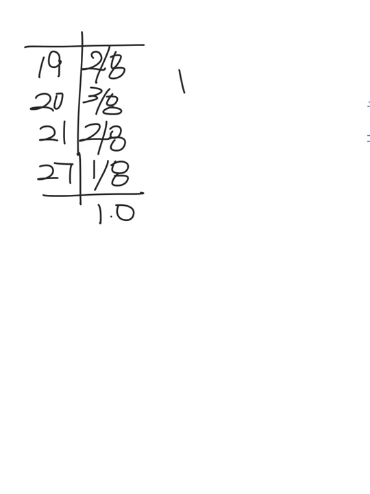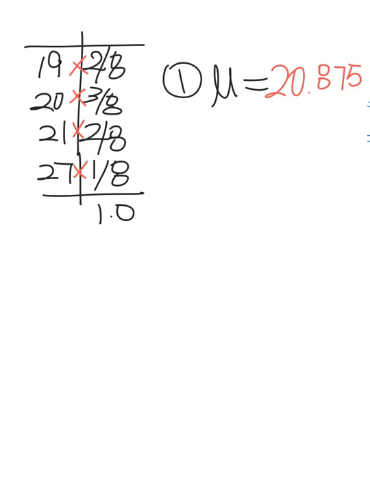Okay, step number 1. Now we have a new notation, mu, mean. How much was the mean? We took the multiplications, each, and then take the sum. How much was it? I remember it was 20 point what? 875. Good, right? Second step.